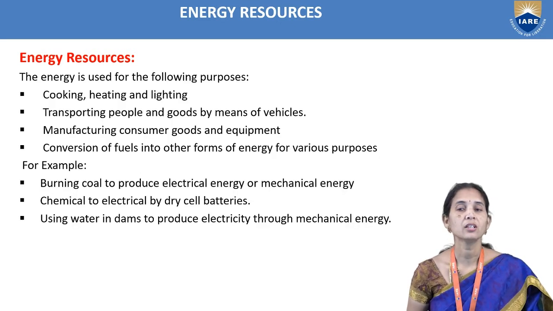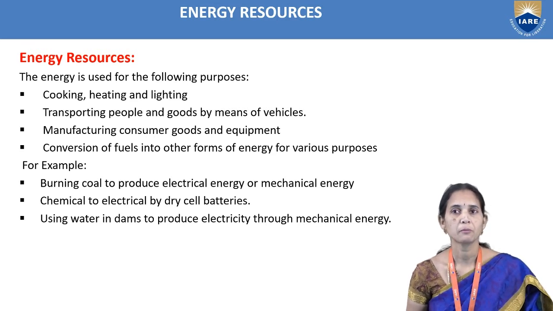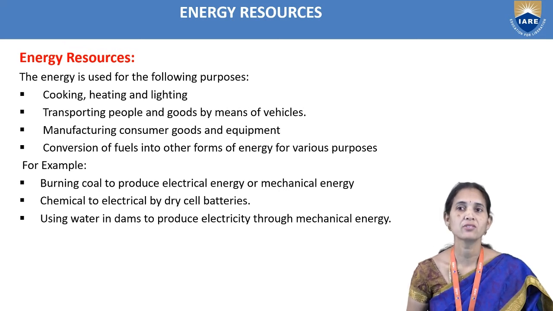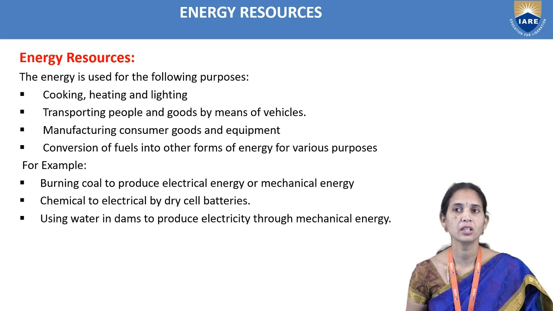Energy is used for cooking, heating, lighting, and transporting people and goods by means of vehicles, manufacturing consumer goods and equipment, and conversion of fuel into other forms of energy for various purposes. For example, burning of coal to produce electrical energy or mechanical energy, and chemical to electrical energy by dry cell batteries.